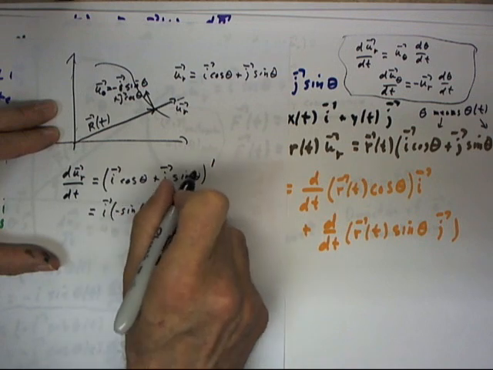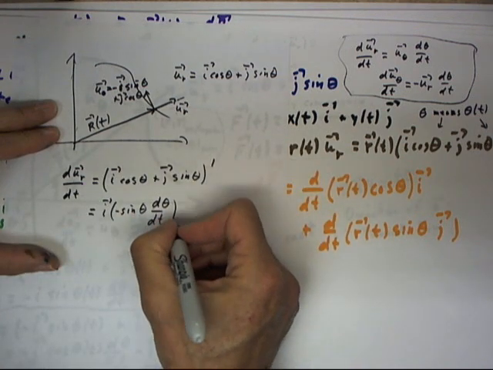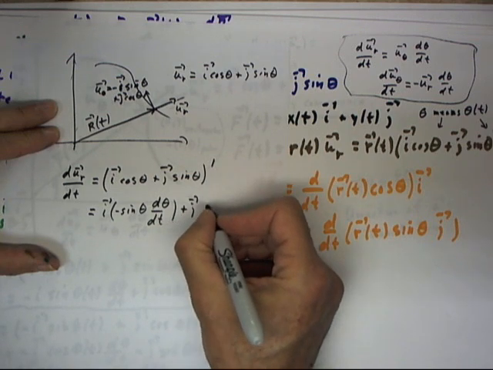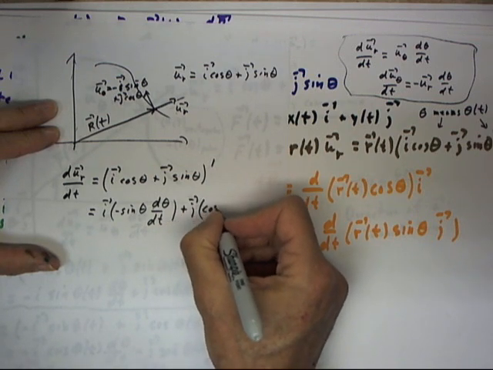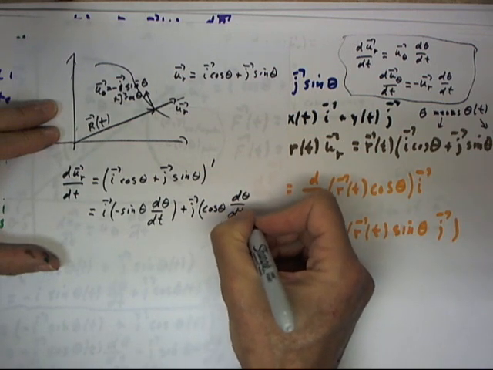Could have written that as theta prime. Prime does indicate derivative with respect to t. And that's then plus j times cosine theta d theta dt.